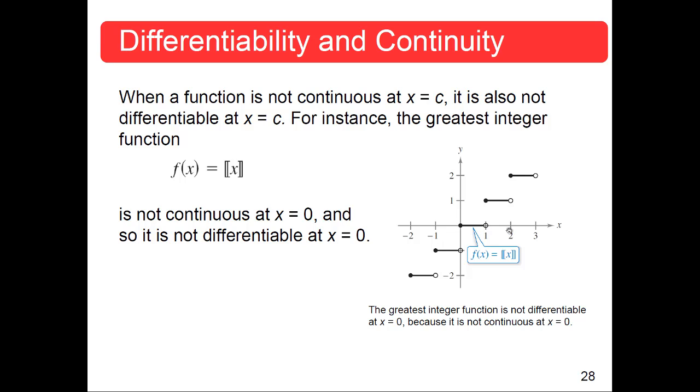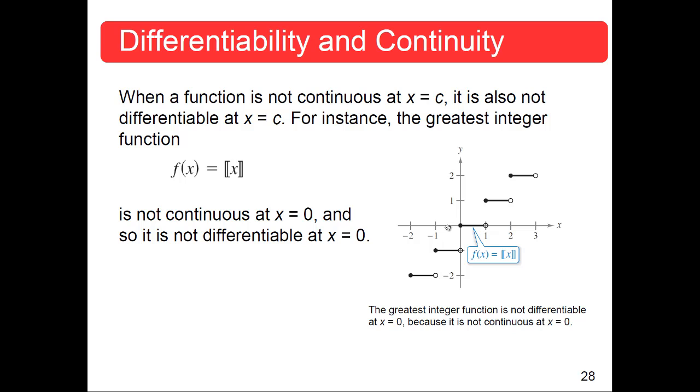Let's say you have 1.9 right there. The greatest integer less than or equal to 1.9 is 1. But then when you go up here to 2, the greatest integer less than or equal to 2 is 2. So it's a step, and we call it a step function, or the greatest integer function, because it looks like stairs like this.